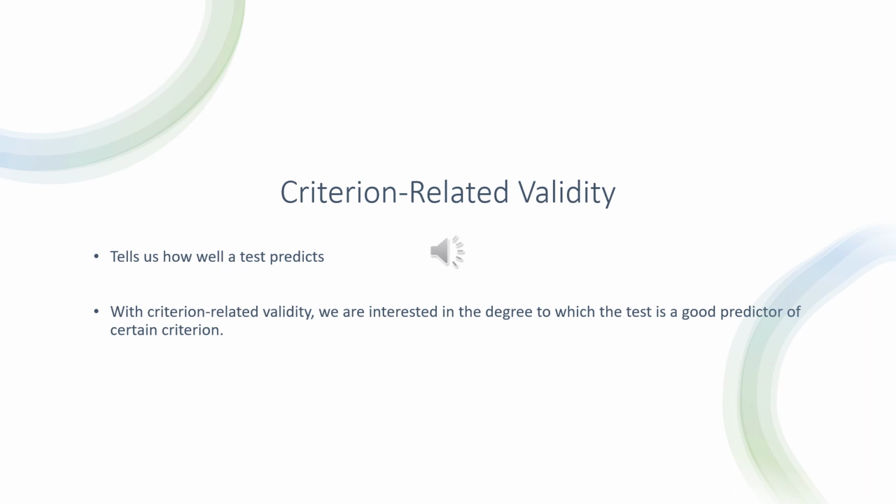The GATB, G-A-T-B, the General Aptitude Test Battery, predicts performance in certain occupations. So for the SAT, the criterion is academic performance in college. For the GATB, performance in certain occupations.